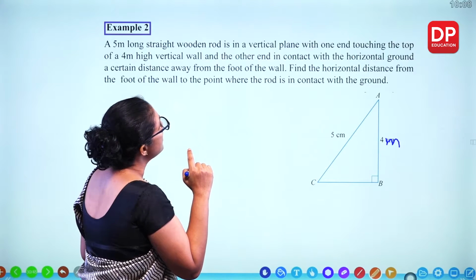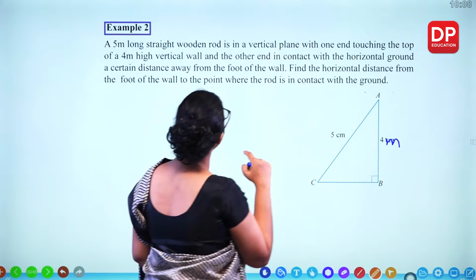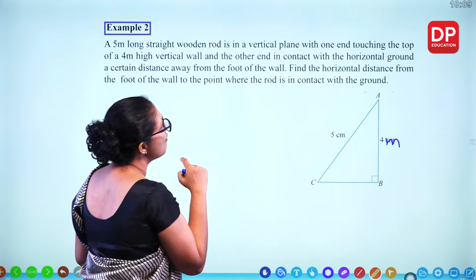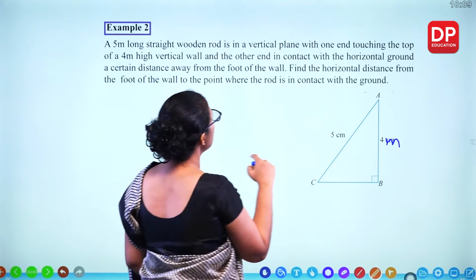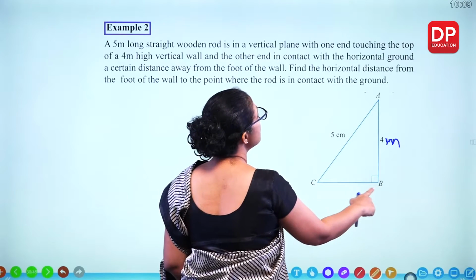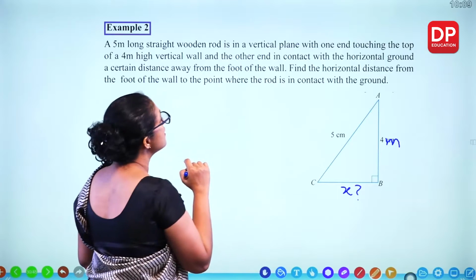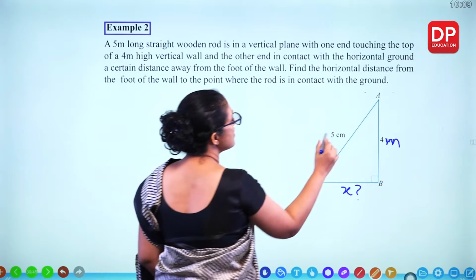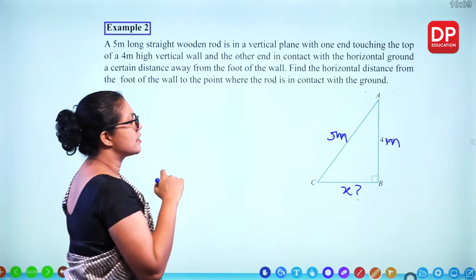And the other end in contact with the horizontal ground a certain distance away from the foot of the wall. Find the horizontal distance from the foot of the wall to the point where the rod is in contact with the ground. So you are asked to find out this one, and this is 5 meter long rod.